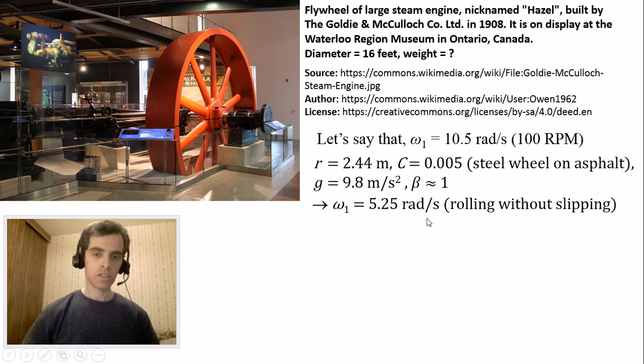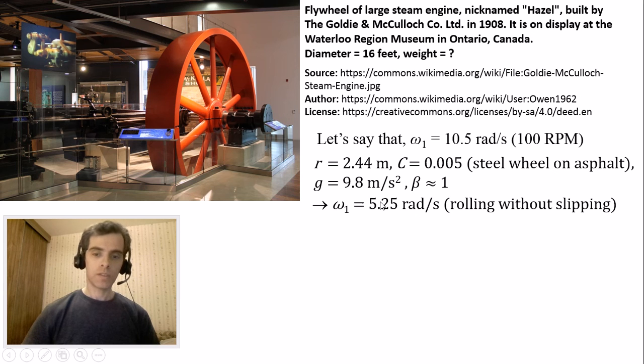And that is because of the sliding friction between the flywheel and ground. So when sliding stops and rolling begins, the angular velocity of the wheel, which is the new omega 1, is equal to 5.25 radians per second. So the angular velocity decreases by 1/2.